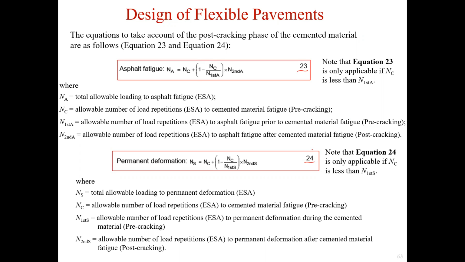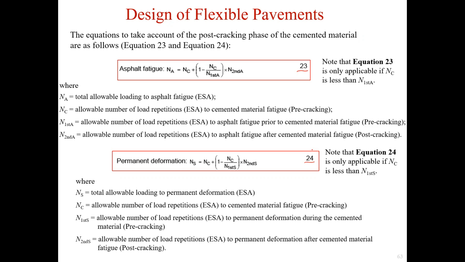N1 SDA is the allowable loading for asphalt fatigue prior to cemented material fatigue or pre-cracking, and N2 SDA is the allowable loading for asphalt fatigue after cemented material fatigue or post-cracking. It is only applicable when NC is less than N1 SDA, otherwise we may get a negative value.